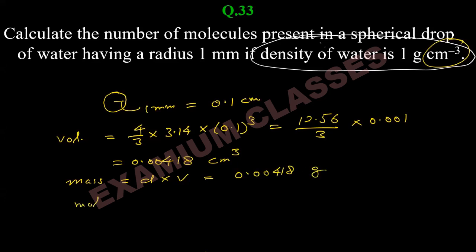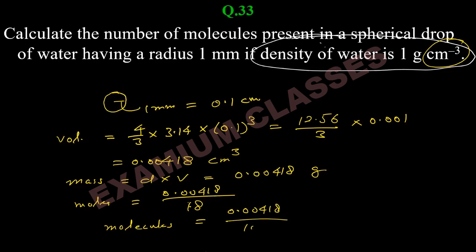From here you will get moles: given mass divided by molar mass. Molar mass of water is 18, and the molecules will be moles multiplied by NA.